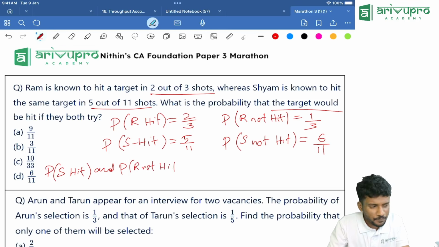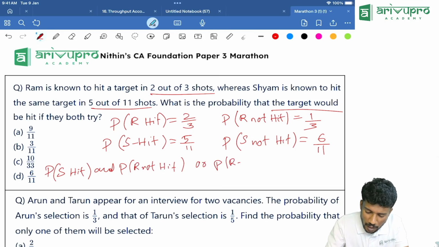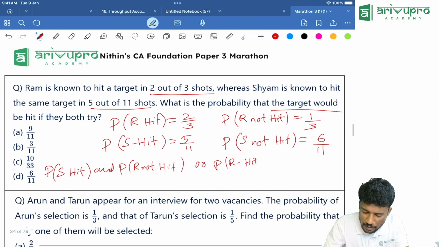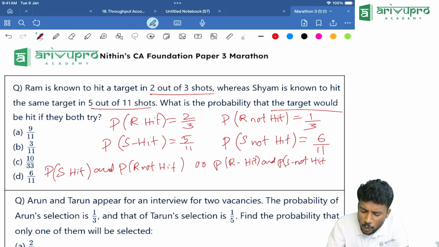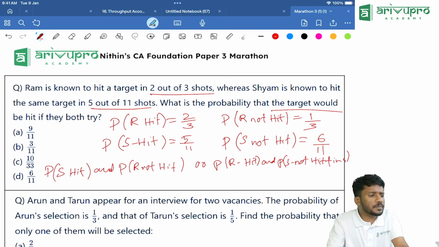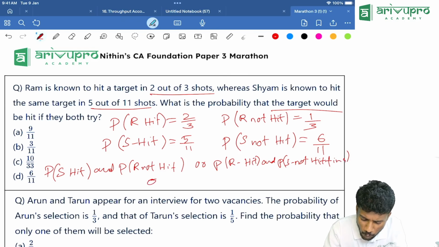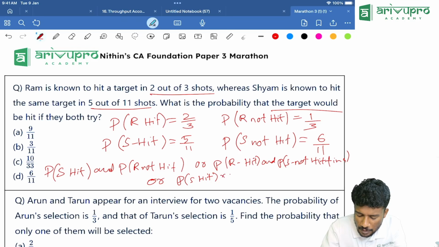Or second case is Ram is hitting and Sham not hitting. Now, can they hit at the same time? Yes. Or plus, P of Sham hit and Ram hit. So these are the cases.